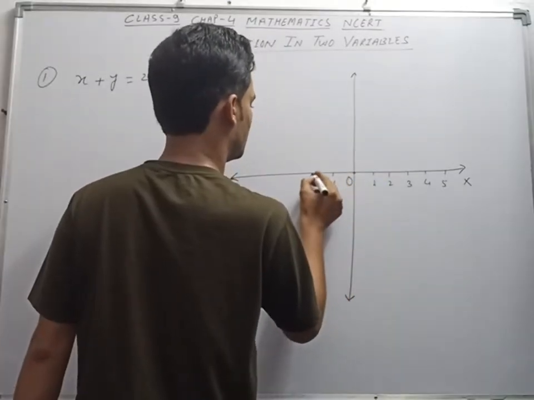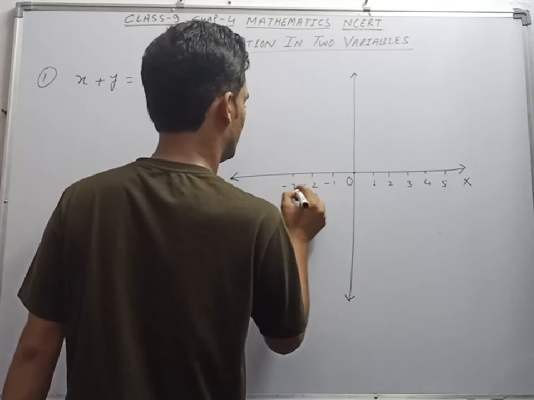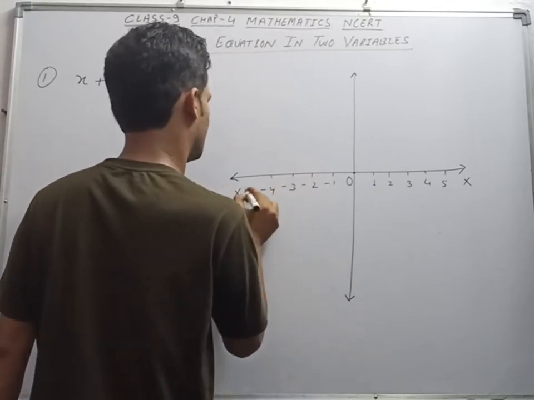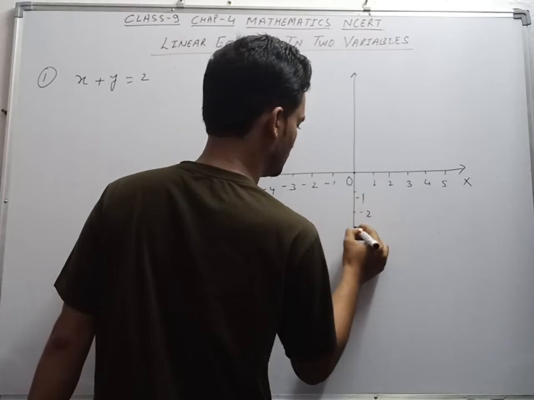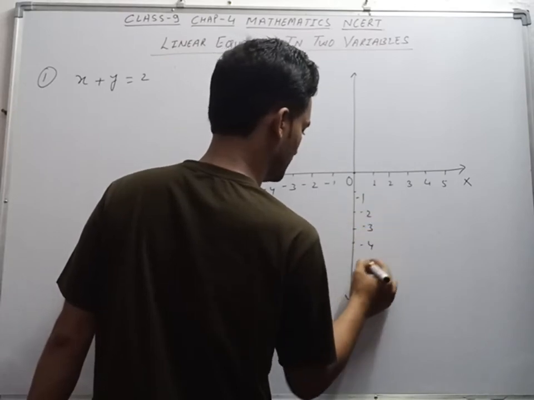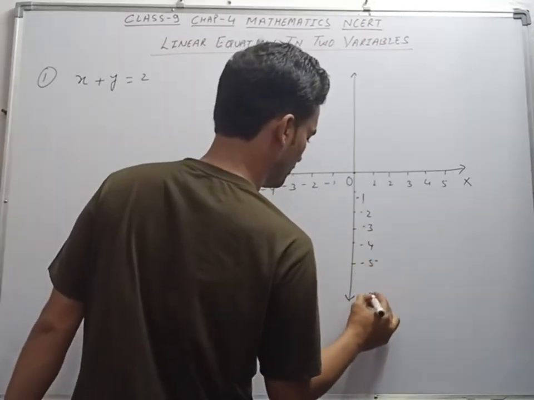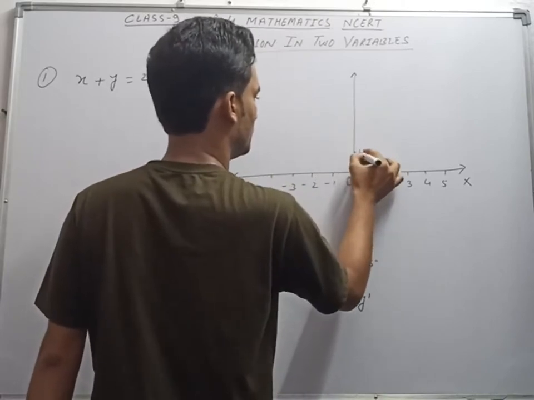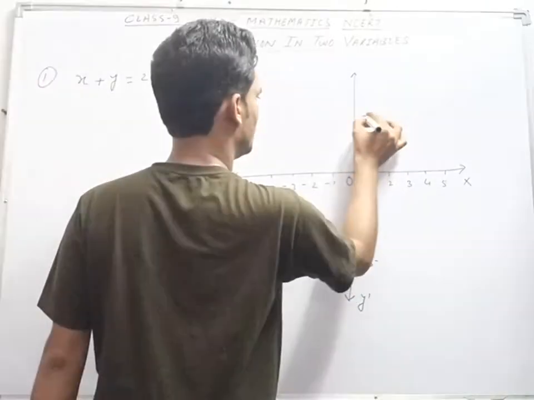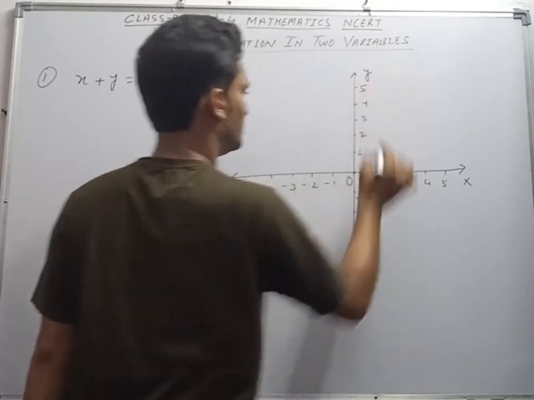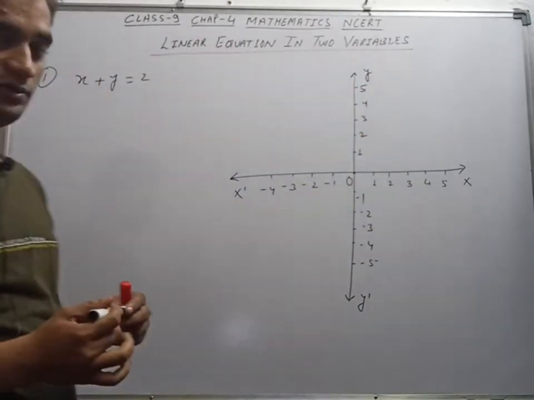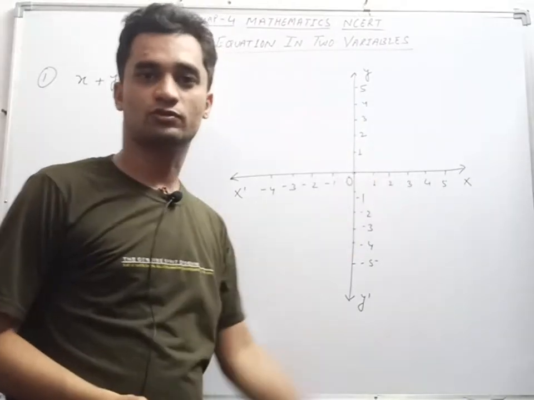This will be minus 1, minus 2, minus 3, minus 4, x dash, minus 1, minus 2, minus 3, minus 4, minus 5, y dash, plus 1, plus 2, plus 3, plus 4, plus 5, y. Okay, this is the plane, first, second, third and fourth quadrant, as you know.